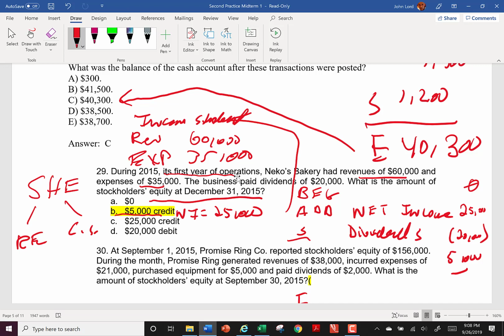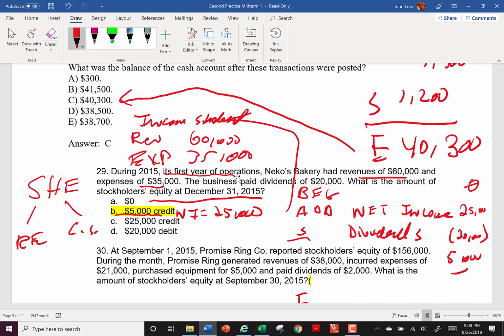When I credit income summary for 60,000, I go ahead and post income summary for 60,000, right? There's that credit right there. I'm just posting it. Okay, and then I debit revenue. Revenue's now 0, which is what I wanted. I want to close it out to 0, don't I?